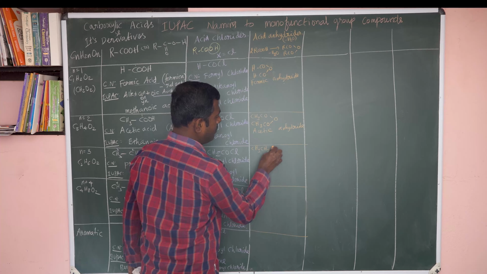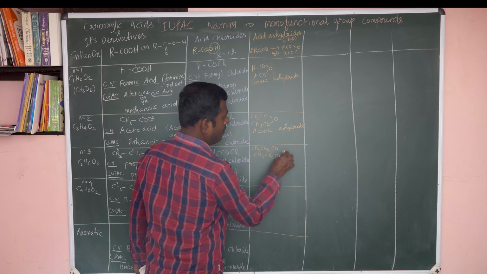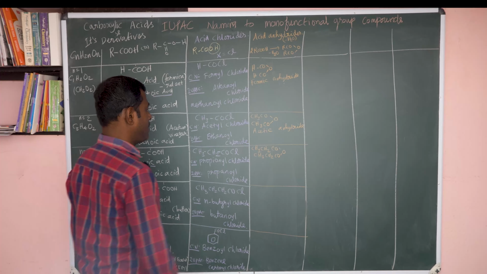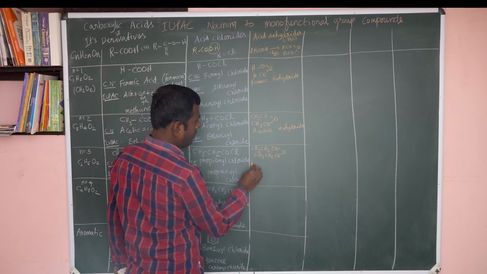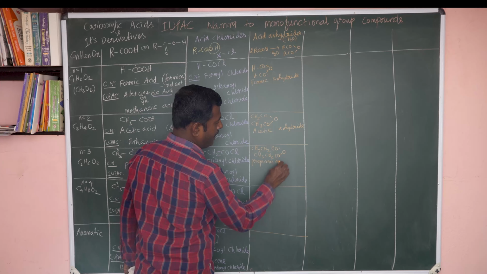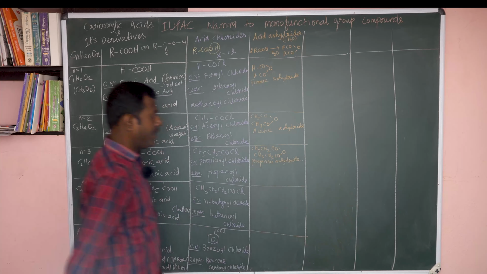CH3CH2CO, CH3CH2CO, O. This is the anhydride of propionic acid. So this is propionic anhydride.